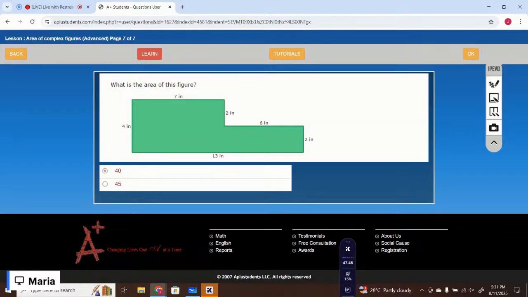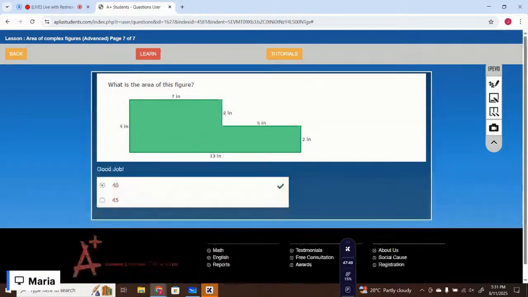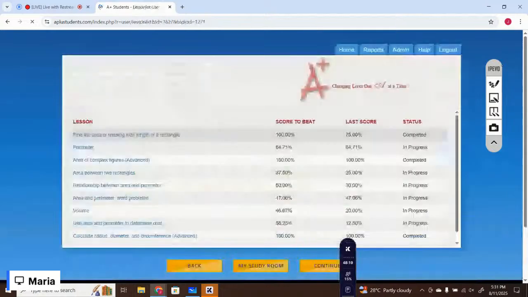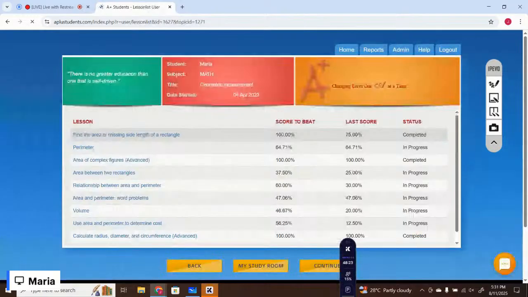Option number 1 is the correct option. Okay, you can complete the lesson by yourself later today. Let me just move on to the next lesson. The next lesson is area between two rectangles.